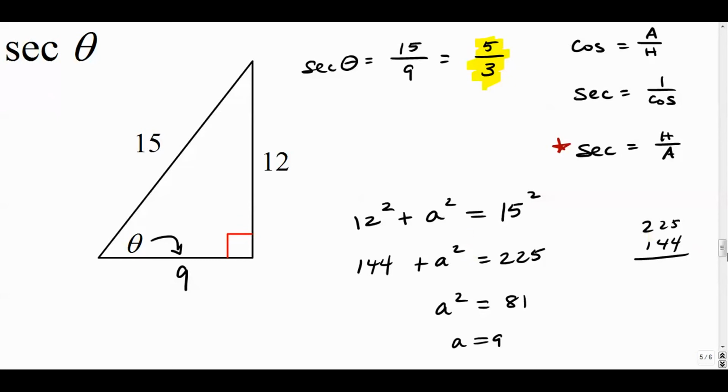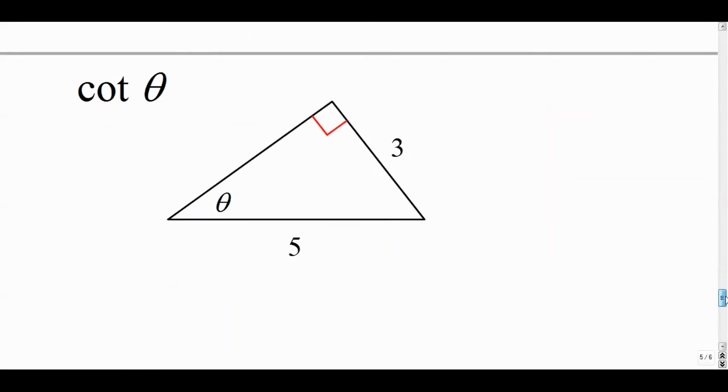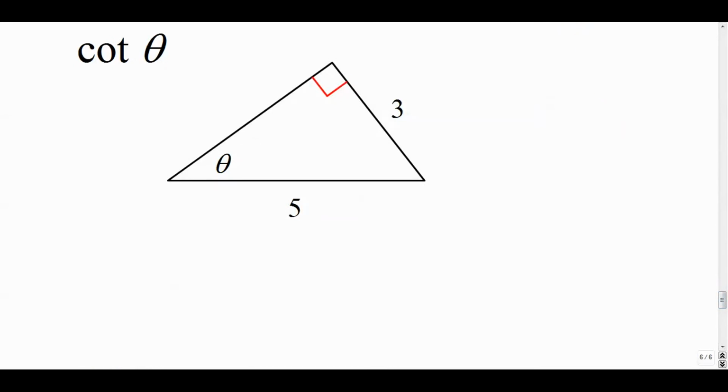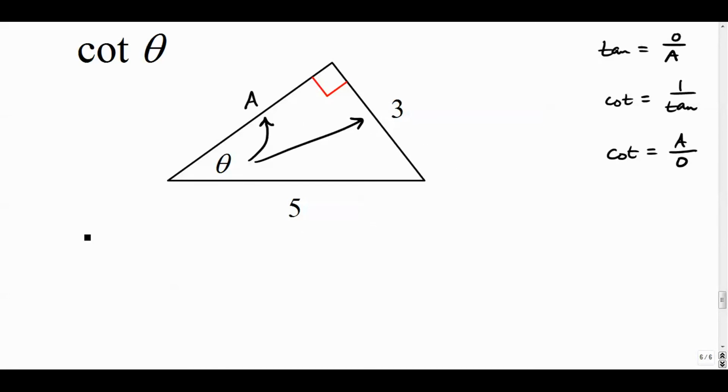There you go. Last one, cotangent. Remember, tangent is opposite over adjacent, and we know that the cotangent is 1 over tangent, which means the cotangent is a over o. So this one has an adjacent that we don't know and an opposite 3. So cotangent of theta is a over 3, and we just need to find a.